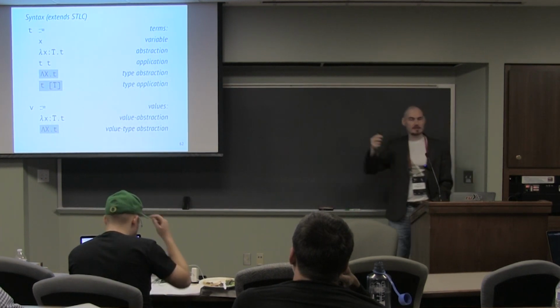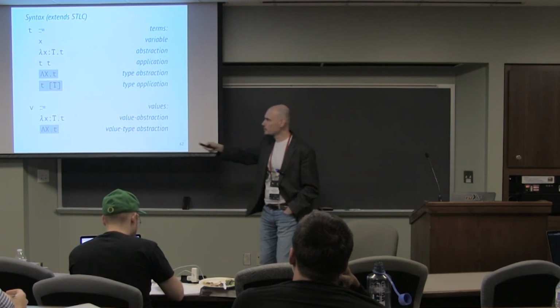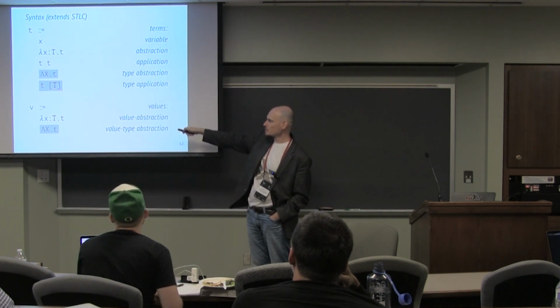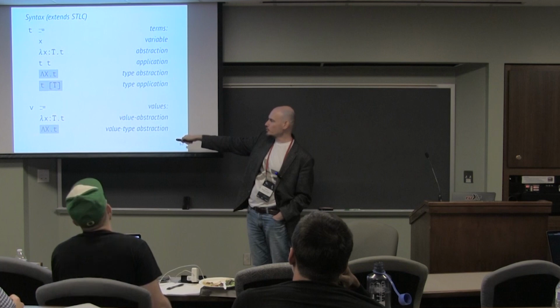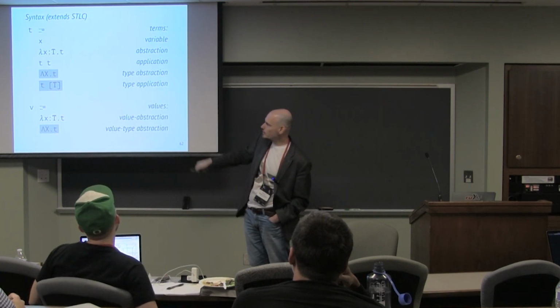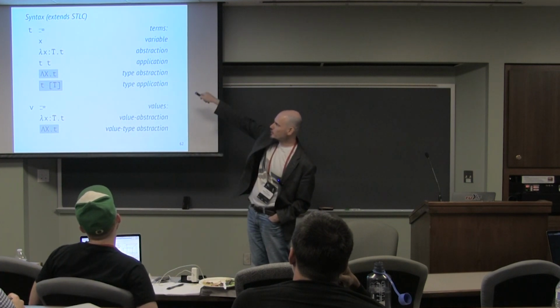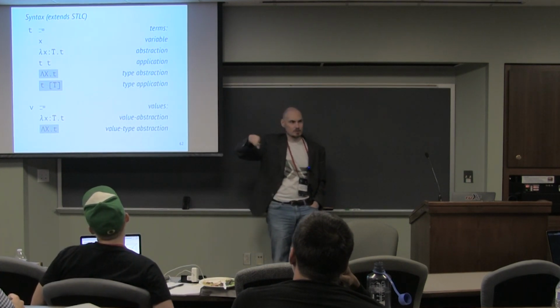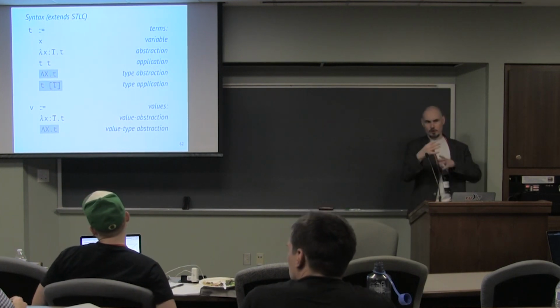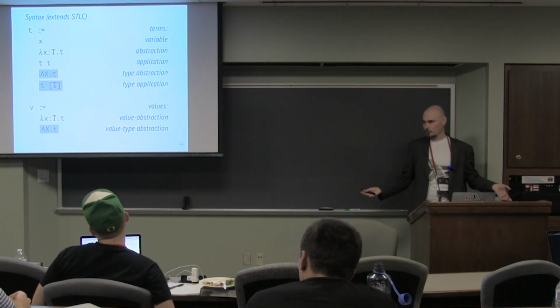Well, we extend the simply typed lambda calculus with this type abstraction and this type application. Also, we have one value abstraction here, well, because it's just another kind of lambda. No changes here. Again, gray background means what we changed from the previous system. So you want to abstract over values, you want to abstract over types.